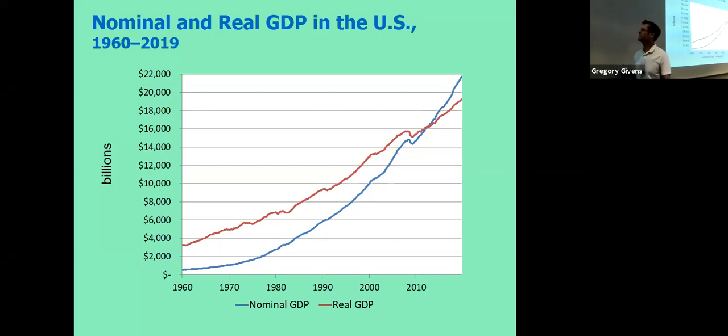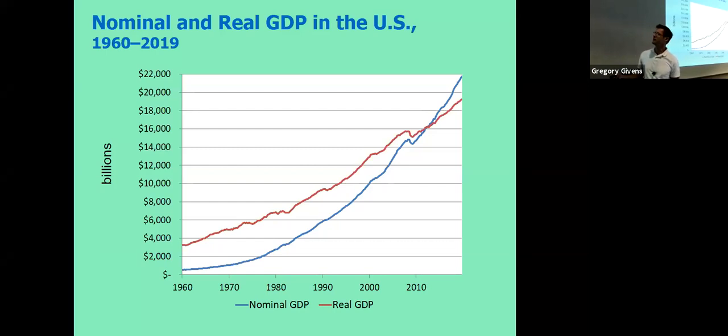One is that regardless of which measure of gross domestic product you look at, GDP tends to grow over time. GDP is certainly higher today than it was several years ago and several years before that. Take real GDP, for instance.